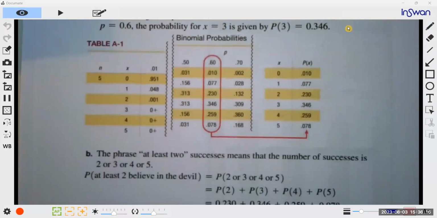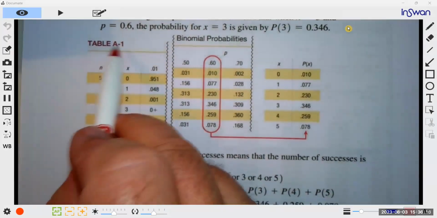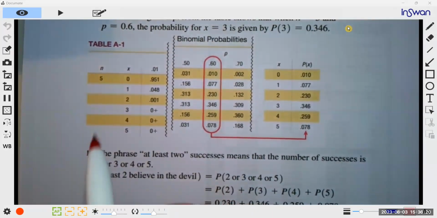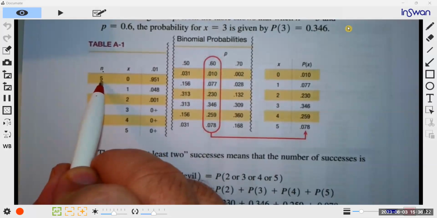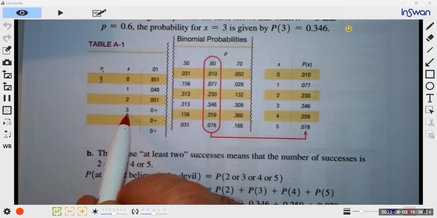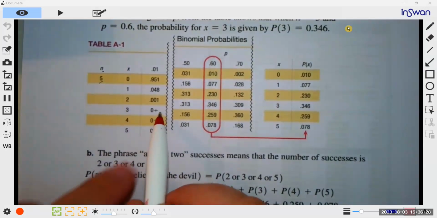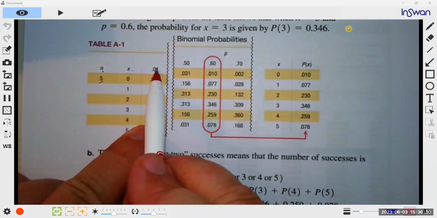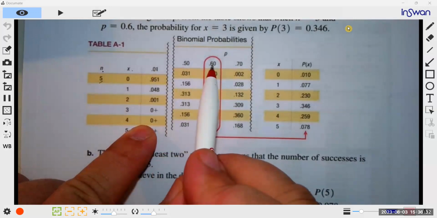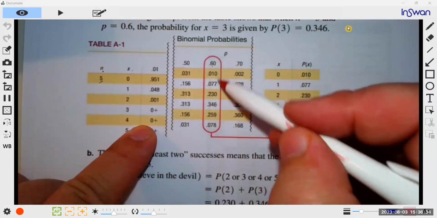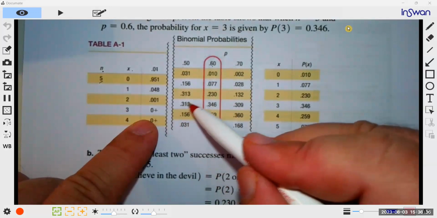So we'd go to our table, table 1, A1. N is 5. X is 3. So we're looking at this one and going all the way across. On the very top, you have 0.1. We want 60%, so we want this column and this row.